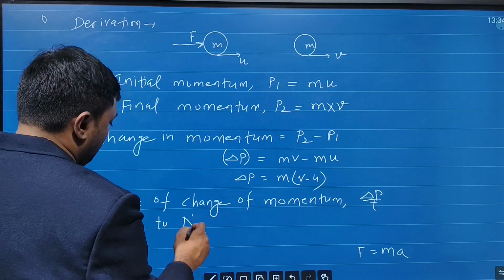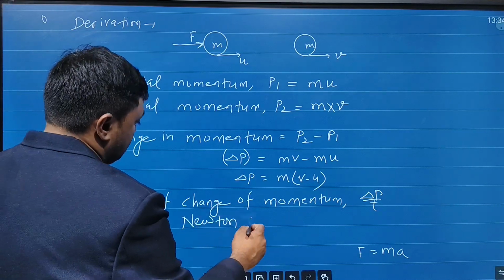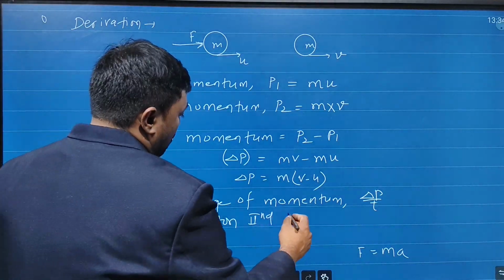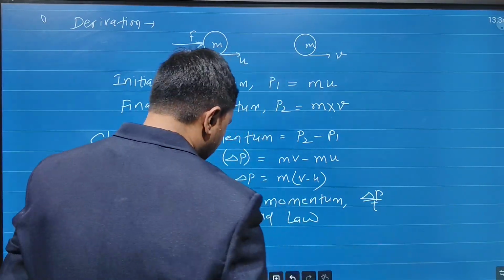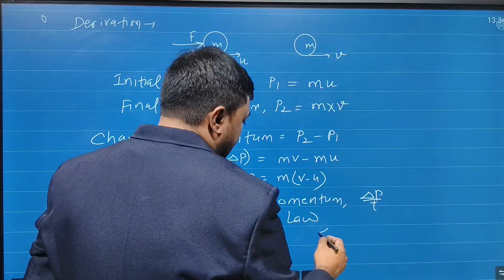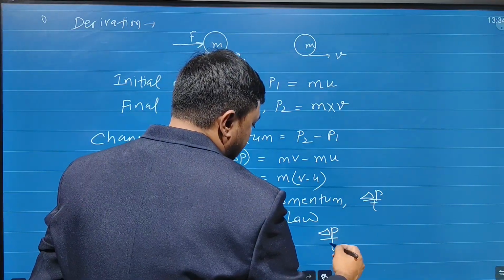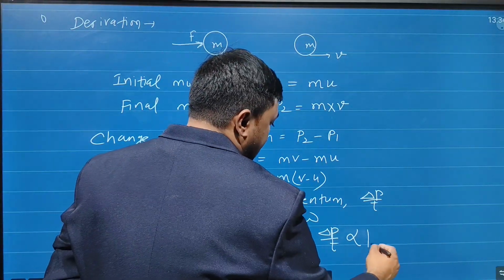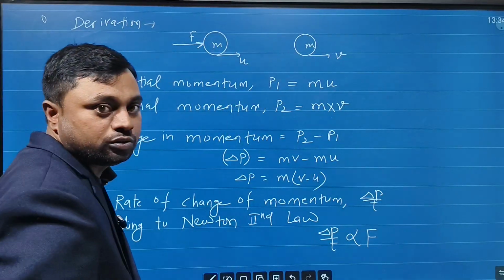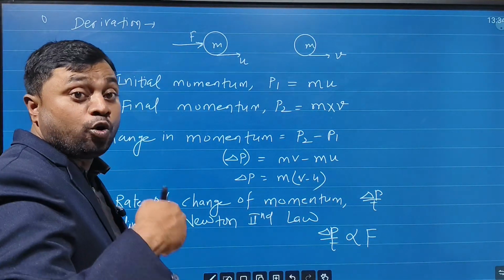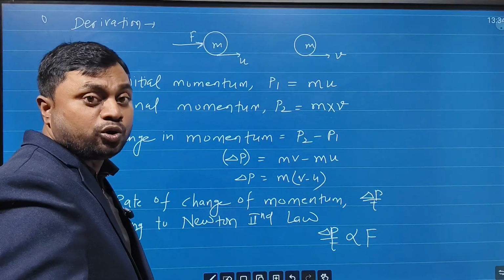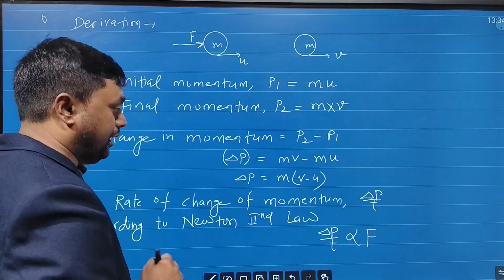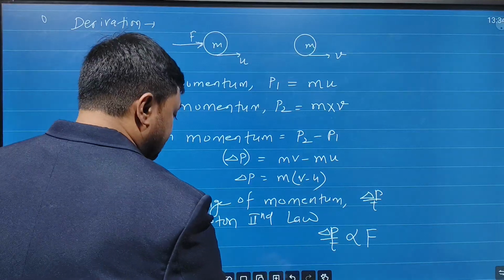According to Newton's second law, what did he tell? He told that rate of change in momentum, that is delta p by t, is directly proportional to the force. It means if you apply more force, there is more change in momentum. If you apply less force, less change in momentum. Am I clear? So this is the statement.